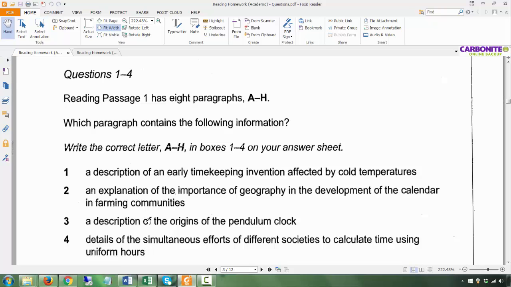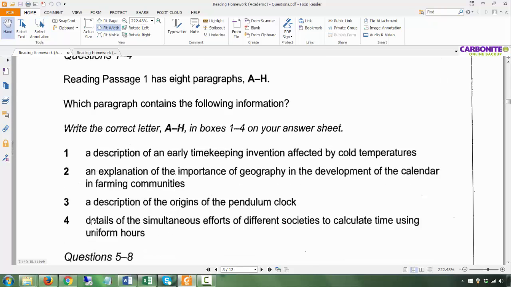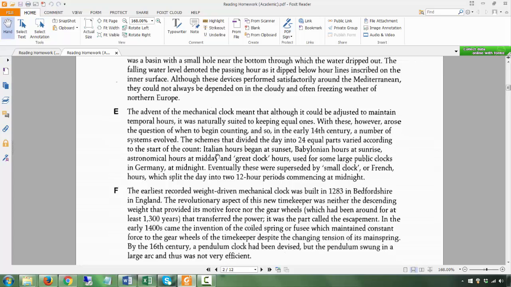So basically equal hours, hours that are similar in length. Simultaneous is a keyword. You have different societies, but at the same time, and uniform hours. All right, and the answer is E.